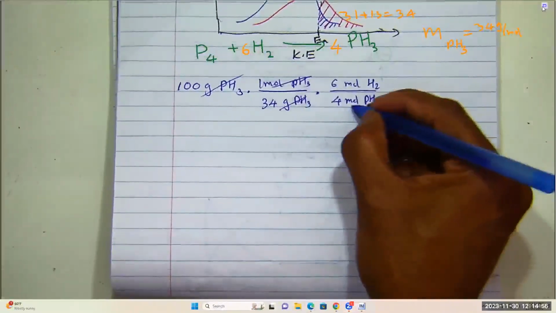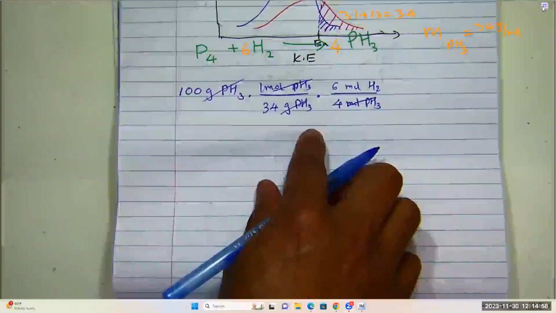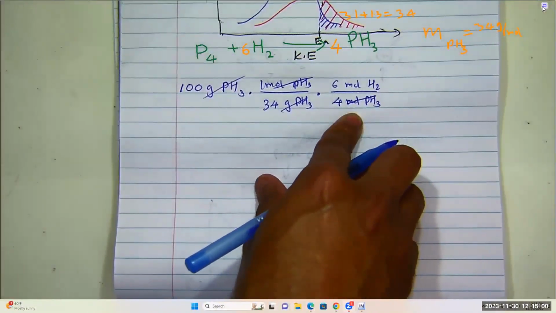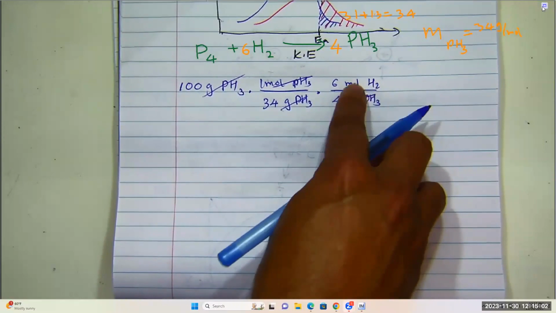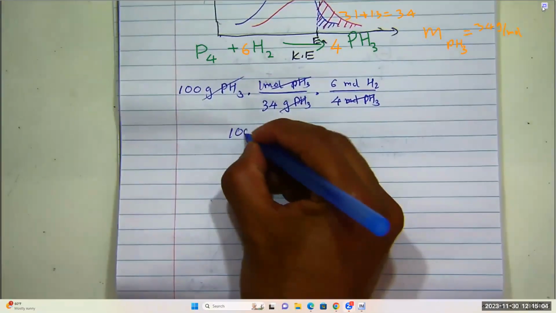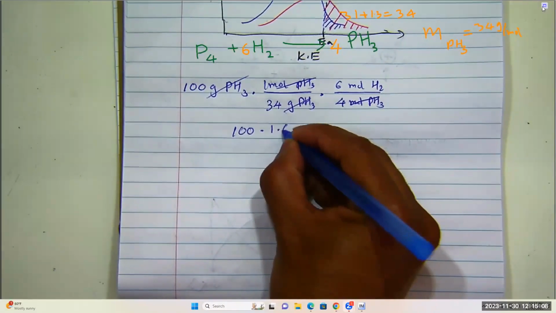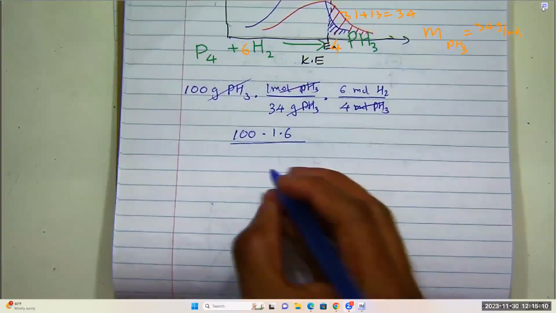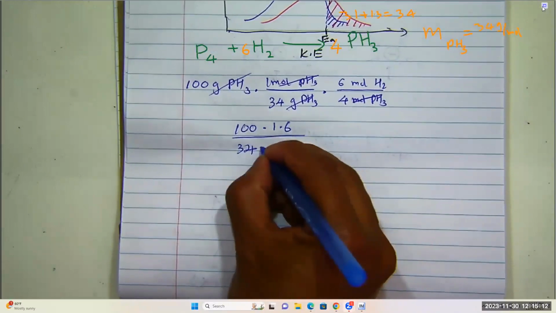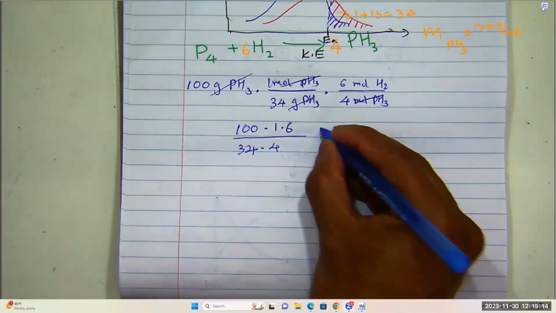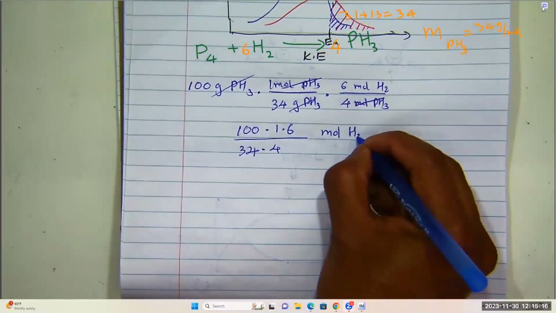So moles of PH3 cancel out. If you plug and chug these numbers, you should get the moles of hydrogen because that is what is left. In the numerator, we have 100, and then 1, and then 6. In the denominator, we have 34 and then 4. This should give me the moles of hydrogen as your answer.